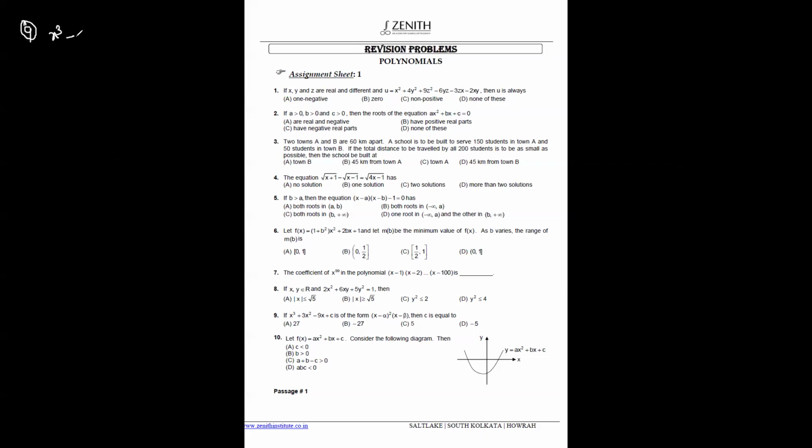So we have x cubed plus 3x squared minus 9x plus c equal to 0 as a cubic, and it is given that the roots are in the form of (x minus alpha) squared and (x minus beta). In that case, we can consider the roots to be alpha, alpha, beta, and applying the sum of the roots, 2 alpha plus beta is -3.